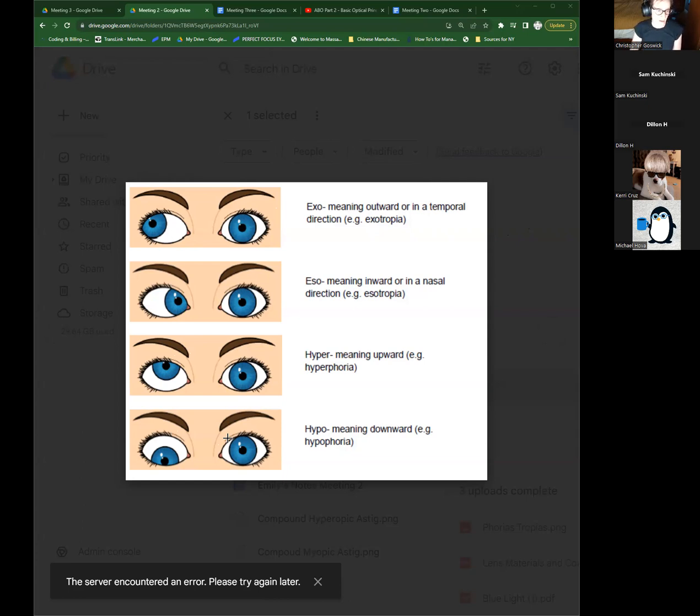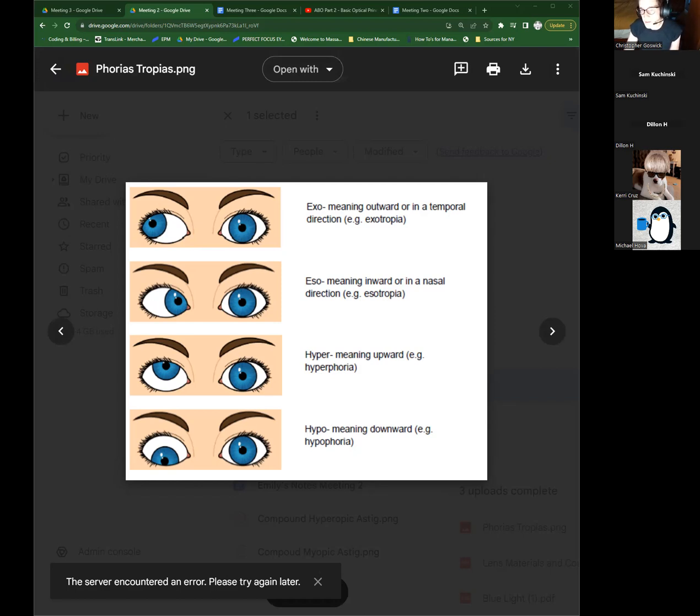Definitely something that we do see in the office, and if it's just a phoria, I know the techs have been detecting a lot of these by the cover test and how much the eye moves when they see patients in the office. So again, the whole point of this is that these, if they're significant, can be corrected with prism, basically.